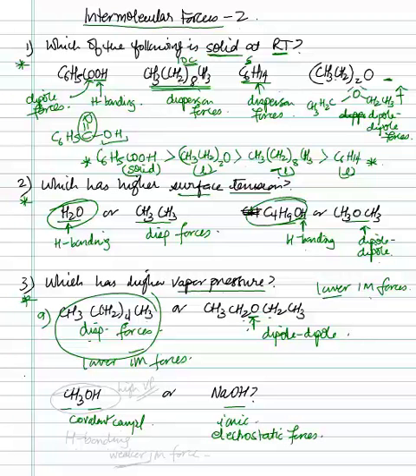So for the covalent compound, even though I have hydrogen bonding, hydrogen bonding has nothing over electrostatic forces. So hydrogen bonding here is the weaker IM force, and because this is weaker, this is going to have a higher vapor pressure. Again, remember you're looking for lower intermolecular forces for higher vapor pressure.